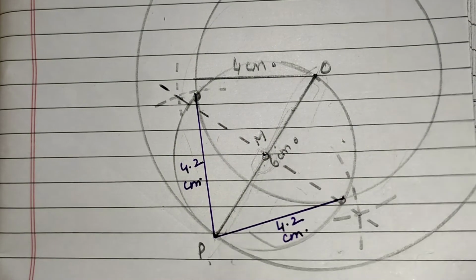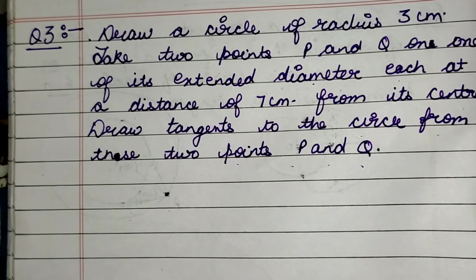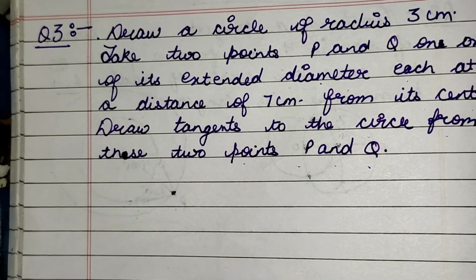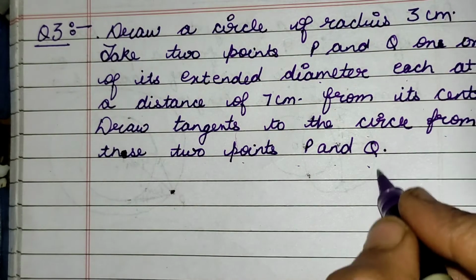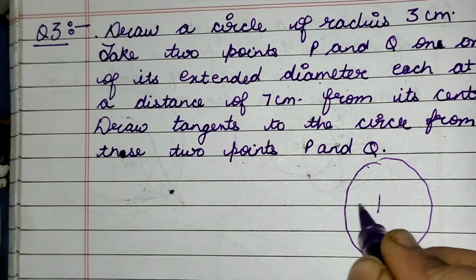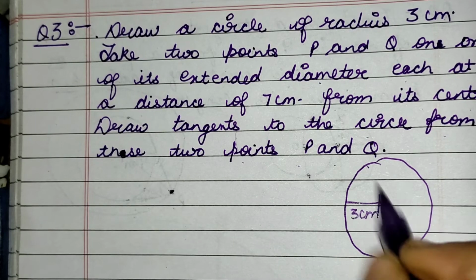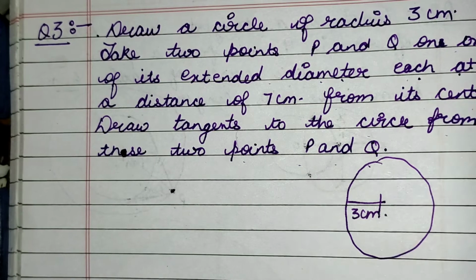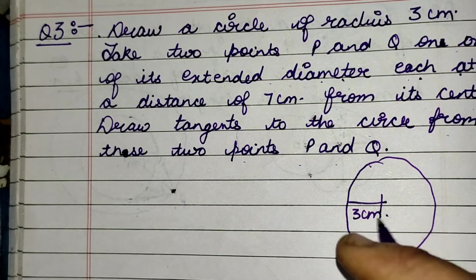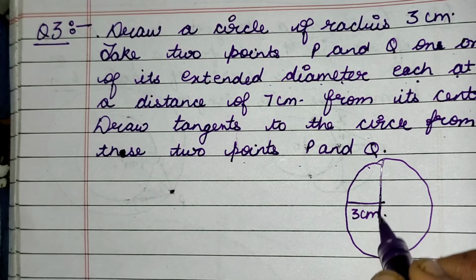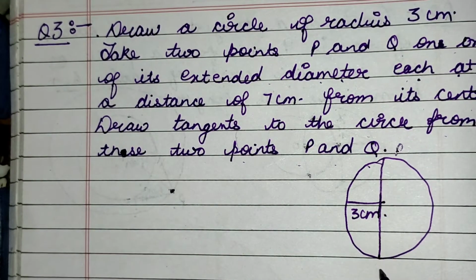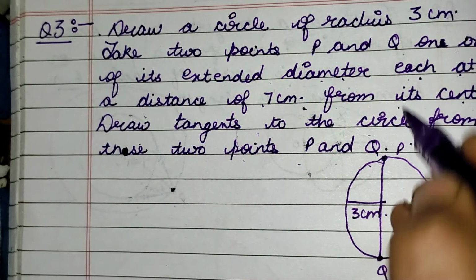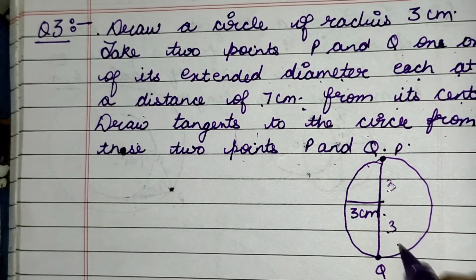Moving to question number 3, which says: draw a circle of radius 3 centimeter. Let us draw a rough diagram first. Take 2 points P and Q on one of its extended diameters. What is given to you is that there are 2 points on the extended diameter at a distance of 7 centimeter from its center. This is 3 and this is 3.